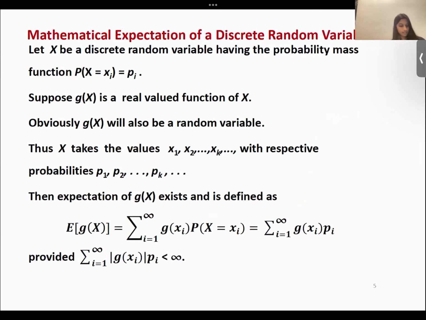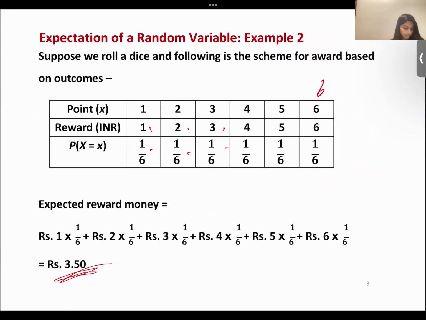So let's understand this further. g of x is your actual value, and p is the probability of your value. The summation of all these gives you the expectation, just similar to what we saw here. This one here is f of x. These values here are g of x.